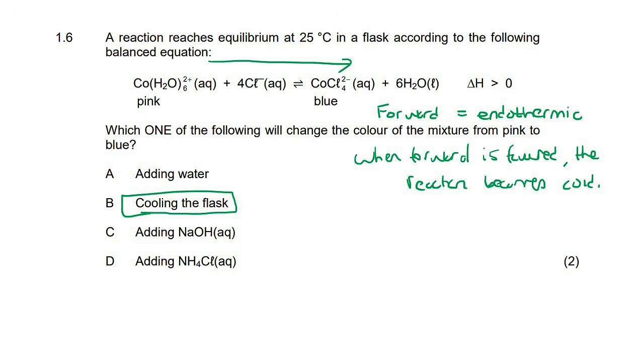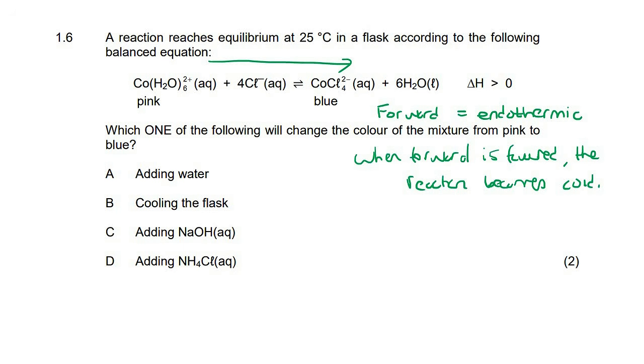Okay, but now they've cooled the flask. So some students get confused with this. Someone comes along and decides to make this flask cold. So what is the system going to try to do? The system is going to try to make the flask hot again. Remember, the human being changes the temperature and they made it cold. The system is then going to try to make it hot again.